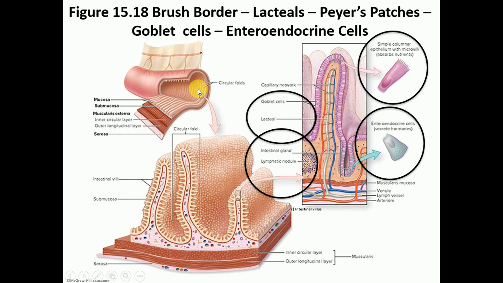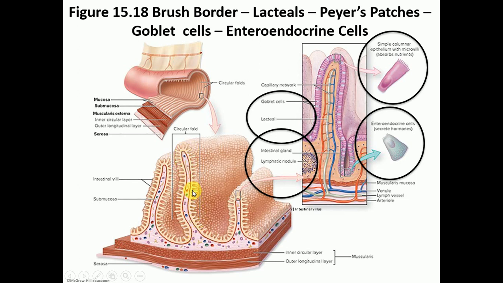Everything that we're going to talk about here is in order to increase the surface area and increase the contact between the chyme passing through and the small intestine. All of these are there to increase your surface area or the surface contact between them. And those are your circular folds that are found throughout the small intestine. So you can see here that circular fold.